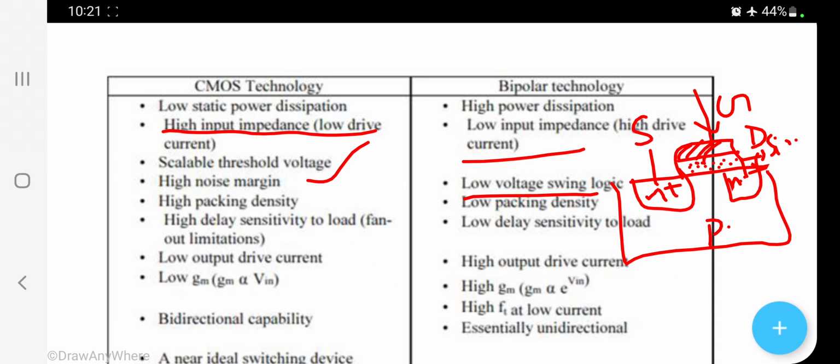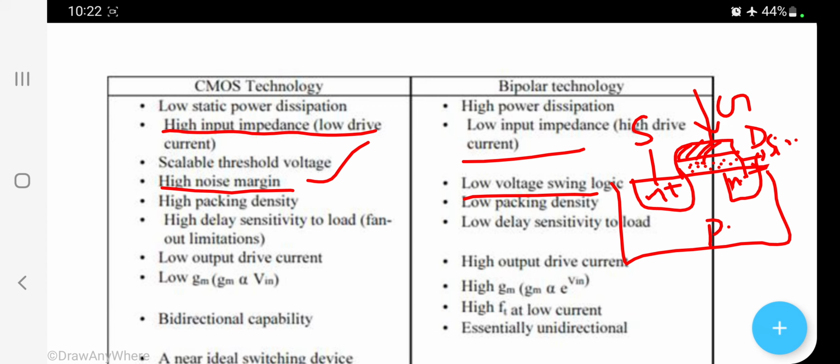Okay, low voltage swing logic: when we compare logic 1 and logic 0, the output swing is going to be low in CMOS. In the case of bipolar technology, the noise margin is high. Here VDD is logic 1, generally we can take it as 3 volts or 2.2 volts, it depends.